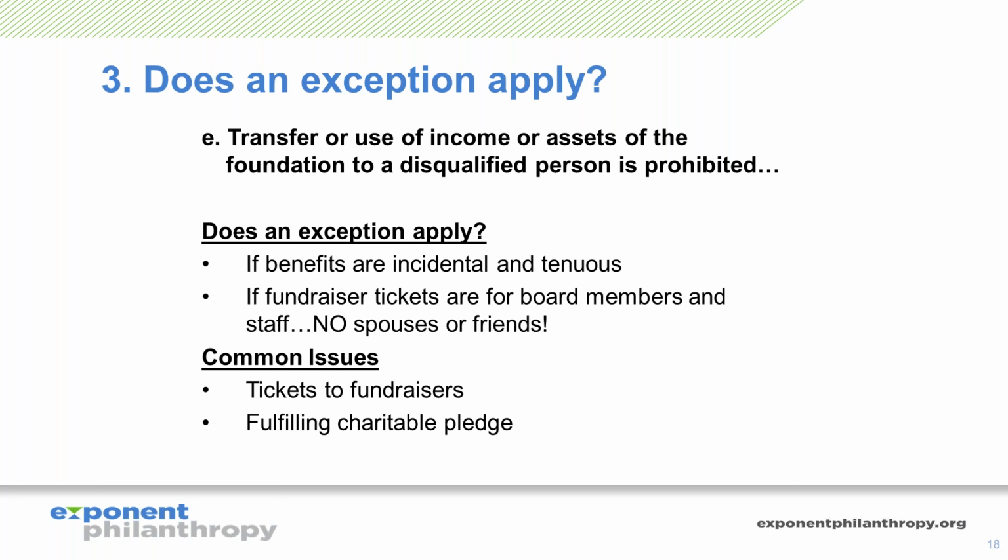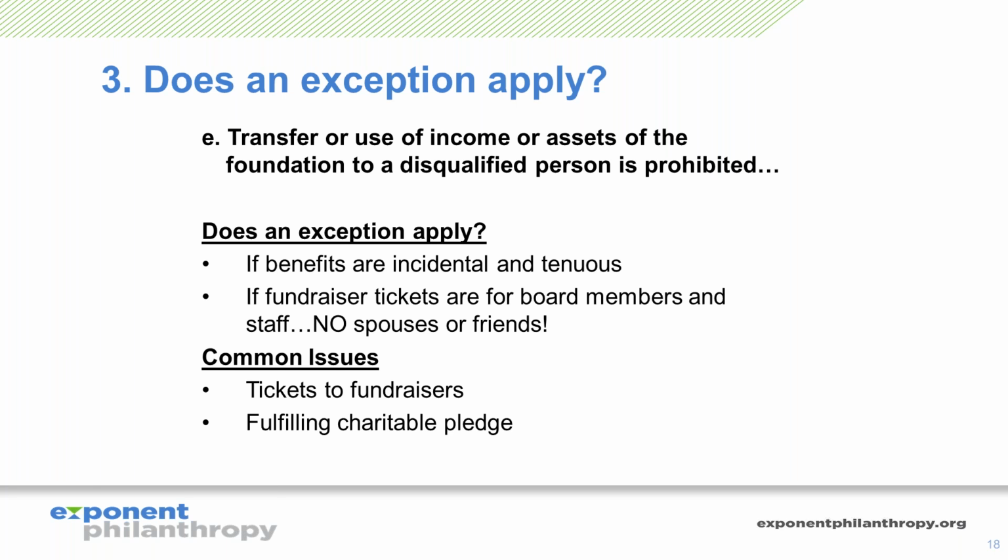Fulfilling charitable pledge, I think that's probably something that hopefully most people are familiar with, and that's generally what it says is, if a disqualified person in their personal capacity makes a legally binding pledge to a grantee, then the board member, let's say, who made that pledge in his or her personal capacity, cannot turn around and ask the foundation to fulfill that pledge. That would be self-dealing.